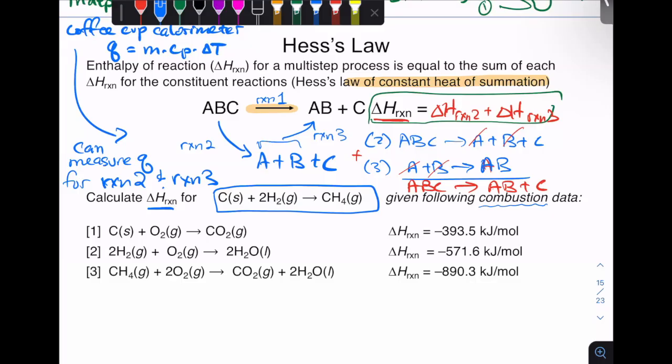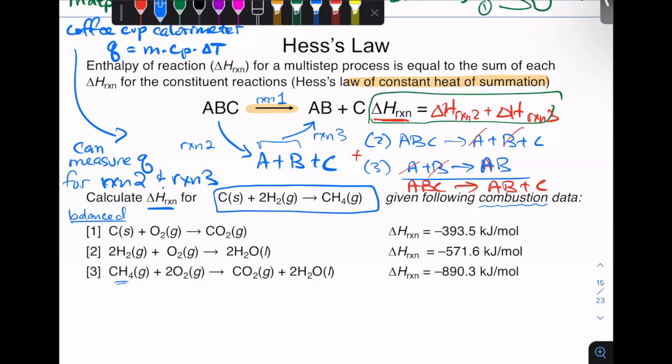And in equation 3, we're combusting some methane, CH4, and we're getting our expected products, CO2 and H2O. All right, so these combustion reactions are all balanced. And on the right-hand side, I'm giving you the delta H of those reactions.